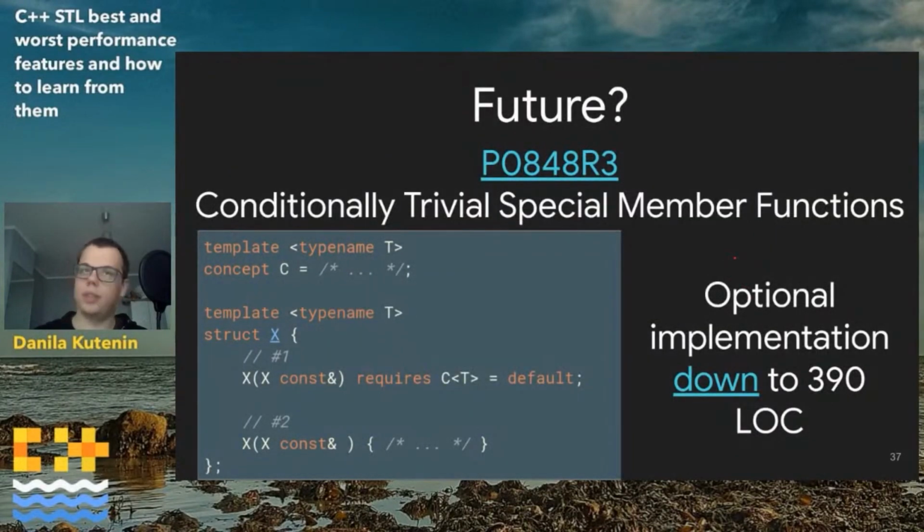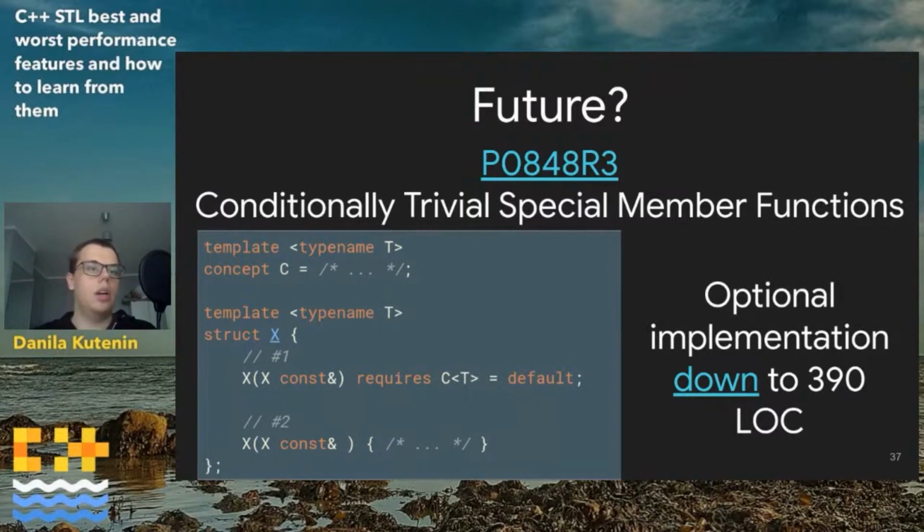How to improve these things in the future, regardless of the API? As I've mentioned, optional is a very complex type, because you cannot do any conditional partial specializations on these special member functions.